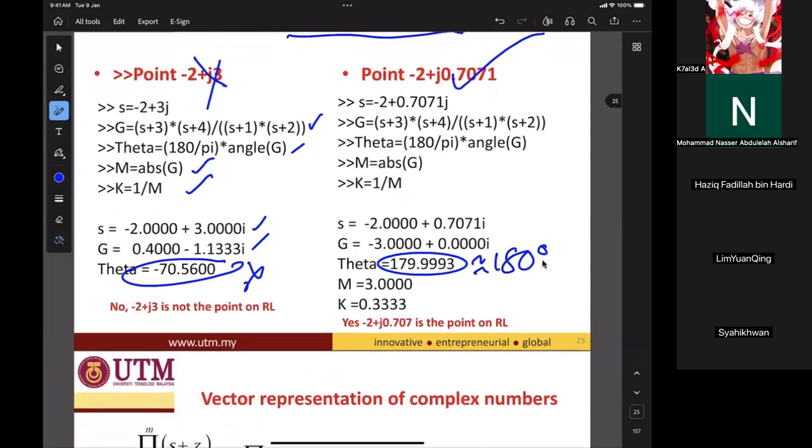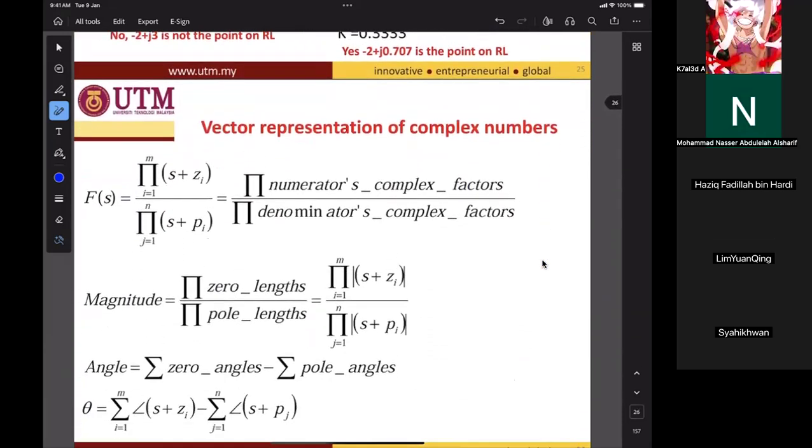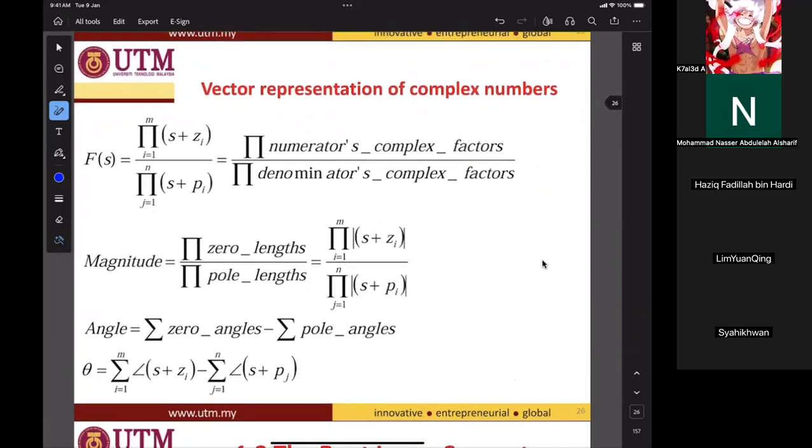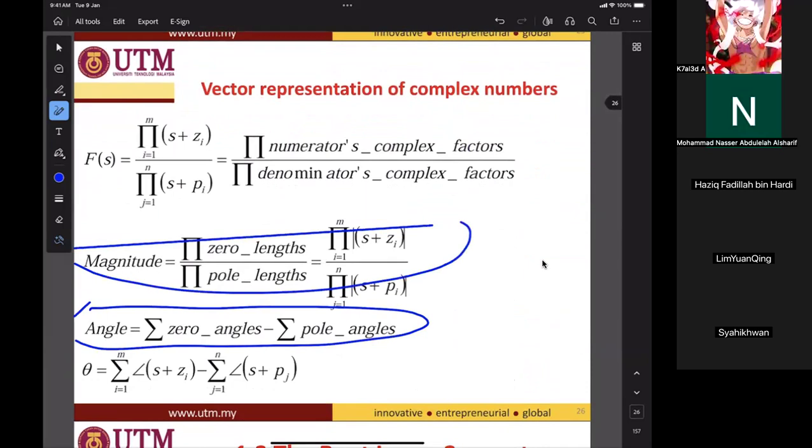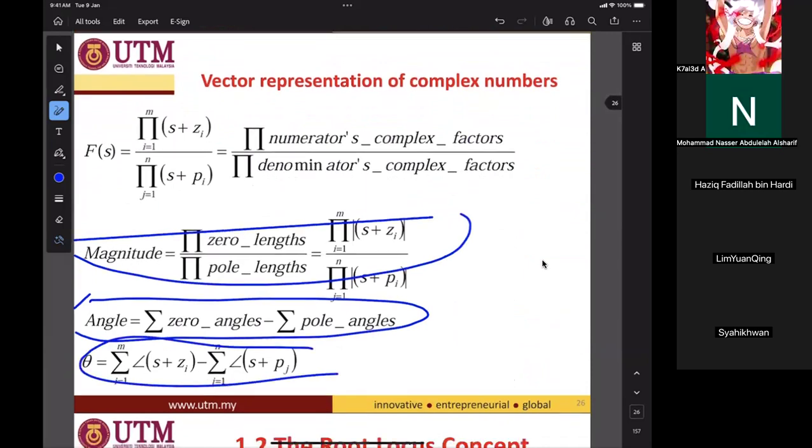Remember this is the formula for the angle: summation of zero angles minus summation of pole angles, and likewise for magnitude.